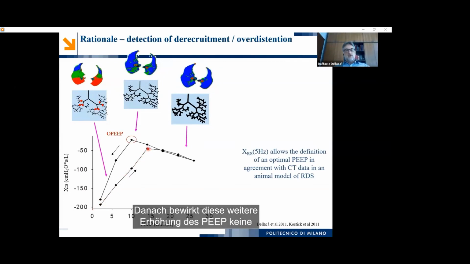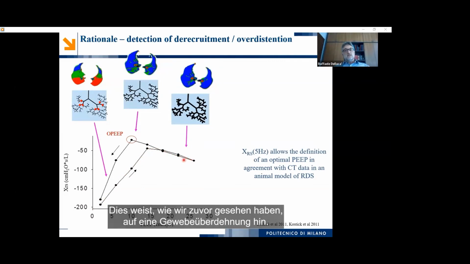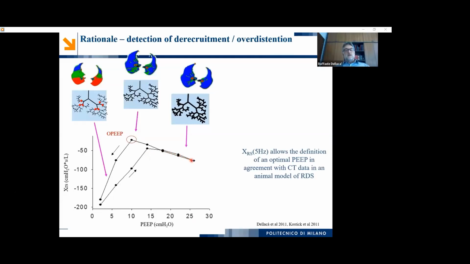After this pressure, further increases in PEEP are not actually providing an improvement in XRS. Actually, the XRS is reducing. And this is suggesting, as we were saying before, tissue over-distension.